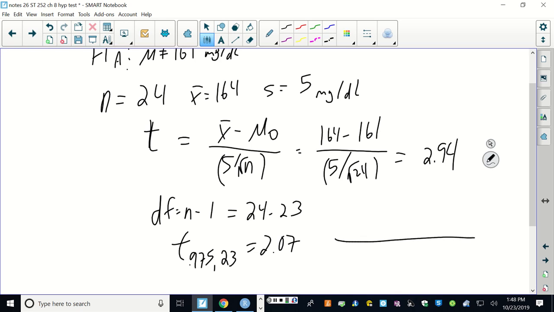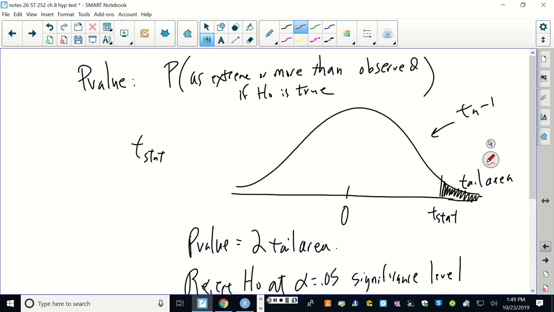So we do have a picture where here would be the 2.07, but our actual value of 2.94 is somewhere right out here. So if we've done a simulation in some way and made a histogram of the values of this t-statistic, we'd be out here. Or if you just did the difference of x bars versus mu, if you could simulate under the null hypothesis being true, you would be out there.